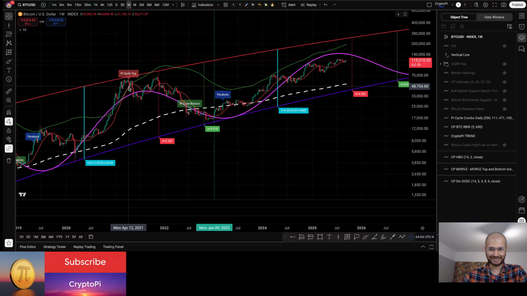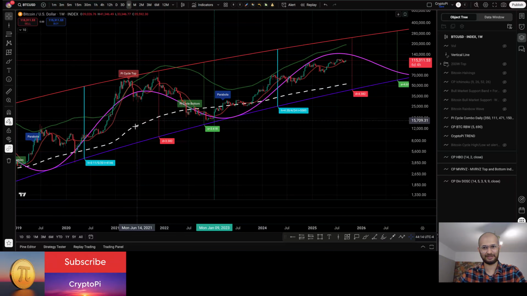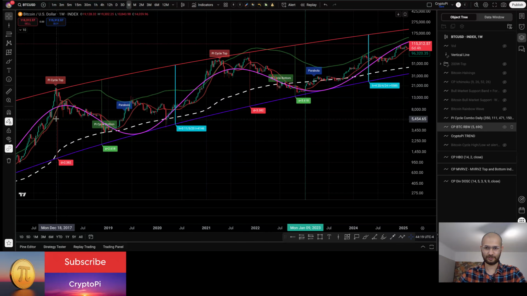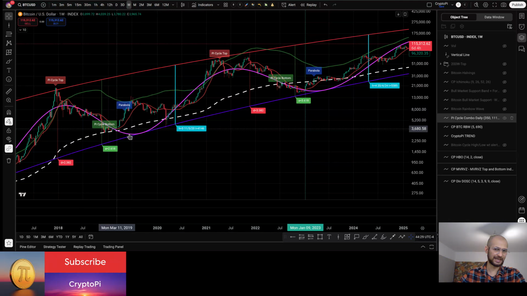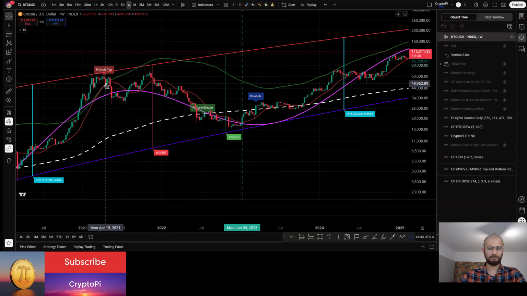If you want to be strict enough that it tells you when the cycle really ends at the cycle top, this one failed. It only was successful in cycles before 2021, where we saw that the red moving average crosses over, we see the cycle top, and then it crosses down, basically telling us that this is the end of the bull market. And here it barely touched it. However, it was way too early, and that was not the cycle top.